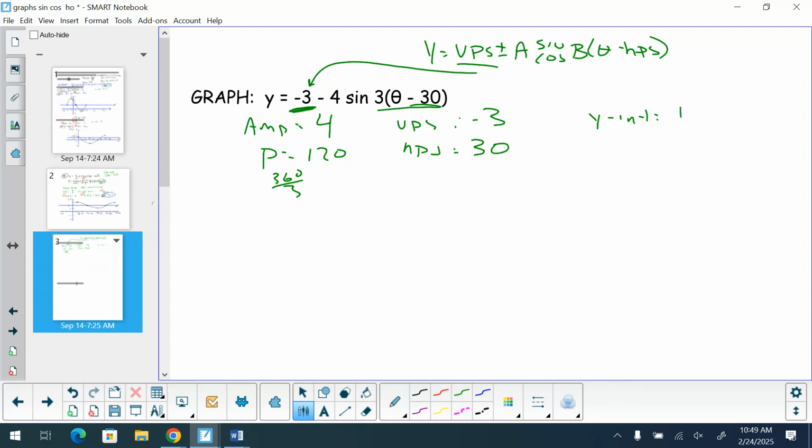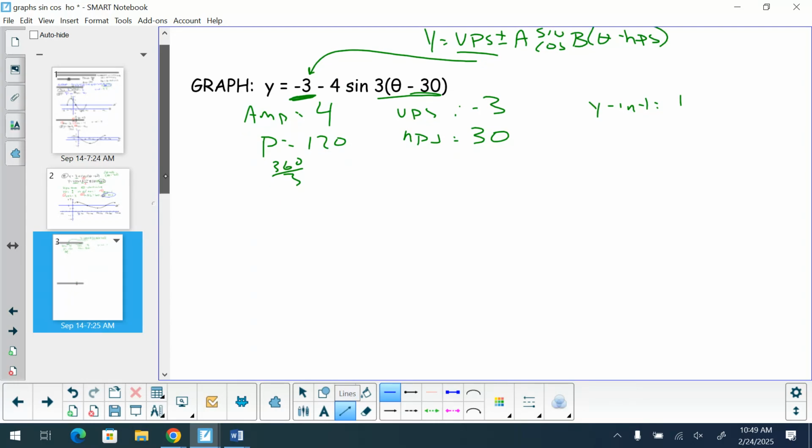So looking at our graph, vertical phase shift of -3, amplitude of 4. So I need to be a little bit more bottom heavy here with my graph.